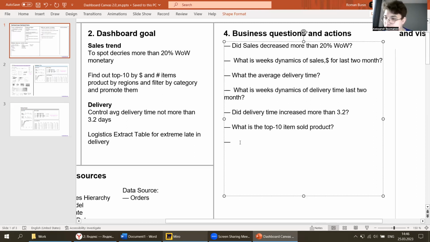What is the average sum of the price of goods in terms of money and all that stuff? Okay, what's more? Interesting.